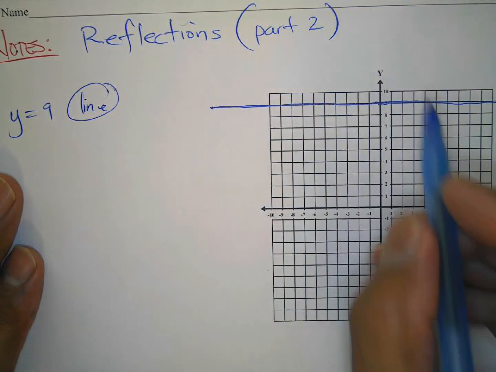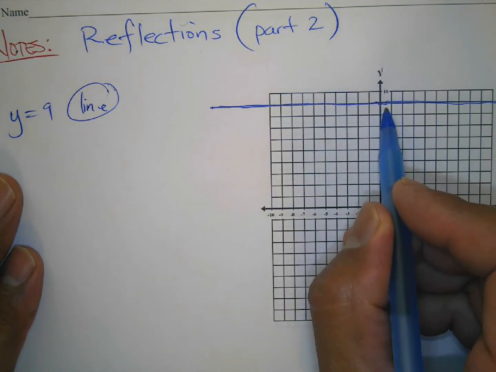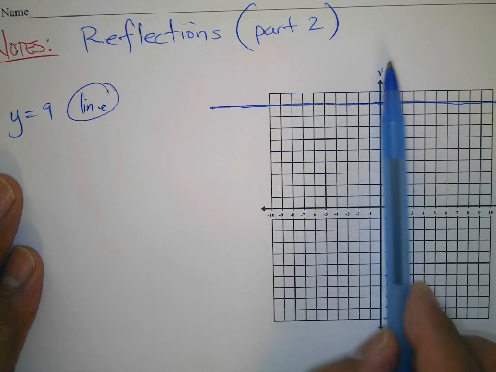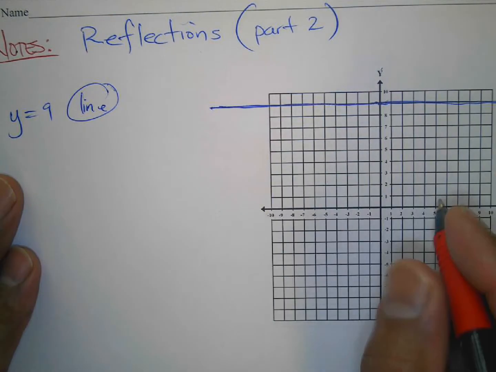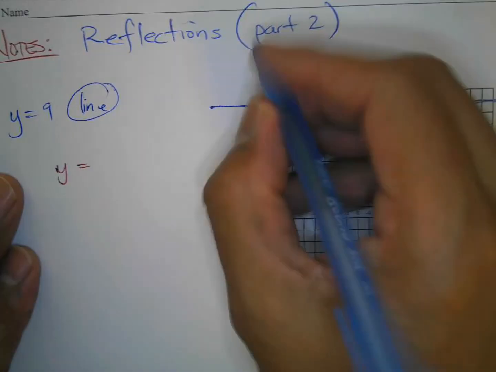And think of it this way. This line is crossing the y-axis at 9. So it's not going to go like the y-axis goes, vertical up and down. It's going to go this way.